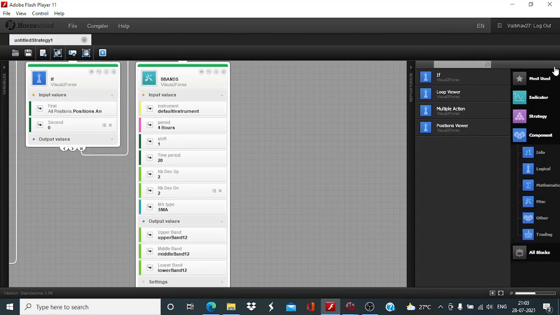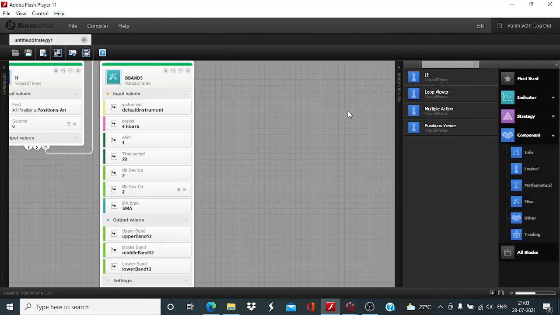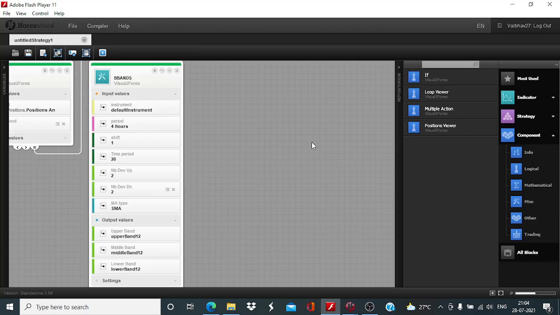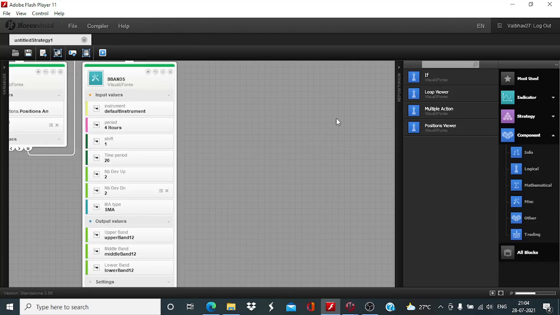And as I said, we will also have to go back in time and retrieve the Bollinger Band value. And what we will do, we will take the shift value of 6. So we will be looking at the Bollinger Band value a day back, and we will compare the cluster high and the cluster low with that, with the upper band and the lower band of that Bollinger Band.